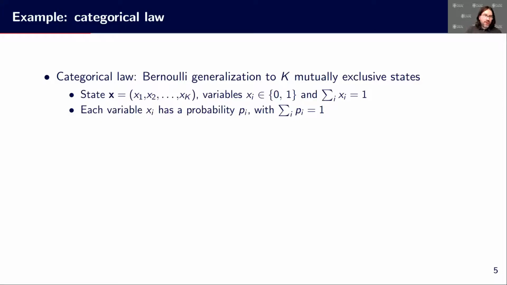We also call this a one-hot vector. So each variable x_i has a probability p_i, but over this we have the summation of p_i equal to 1. So we are parametrizing this law with one p_i for each x_i, and we are constraining them to sum to 1.